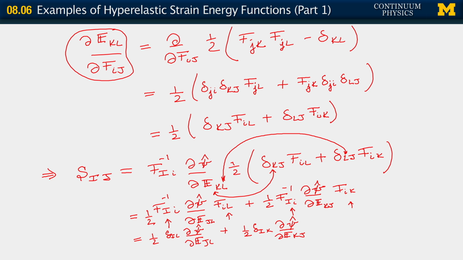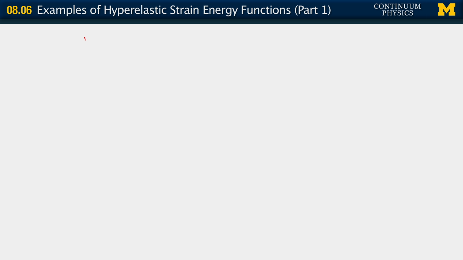And now we're done. All we need to observe is that once again the Kronecker delta is going to do its work. It's going to convert that L index on the derivative to an I, and here it's going to convert that K index to an I. Okay, so what we arrive at then is that Sij equals 1/2 partial of psi hat with respect to E. Let me see, do I get an Ij or a Ji for the first one?